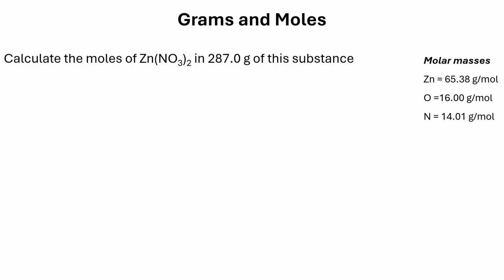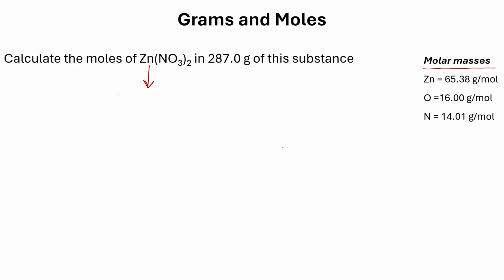Let's see how you can use molar mass as a conversion factor. Calculate the moles of zinc nitrate in 287 grams of this substance. You are given all the molar masses here for the elements. Let's see how to calculate the molar mass of zinc nitrate.